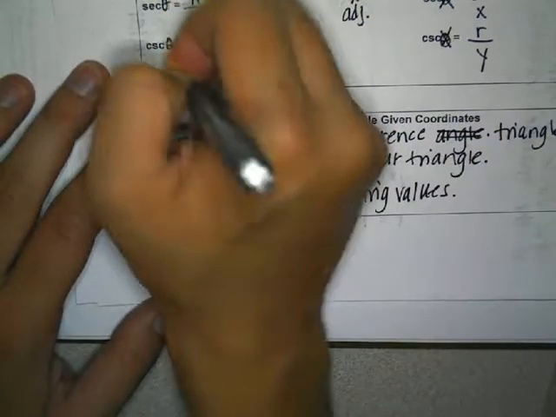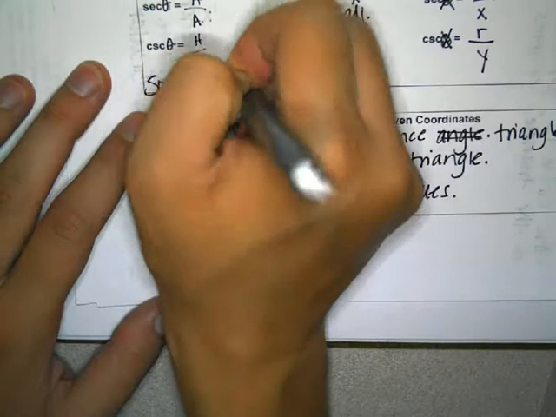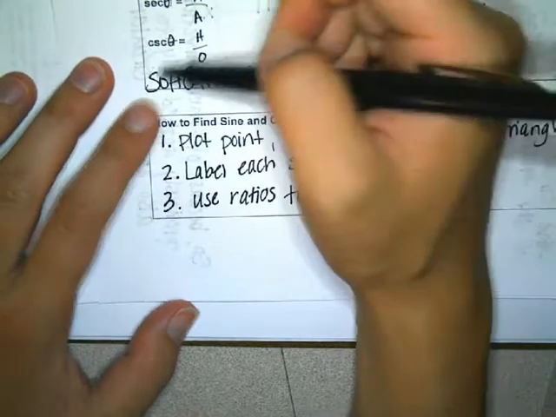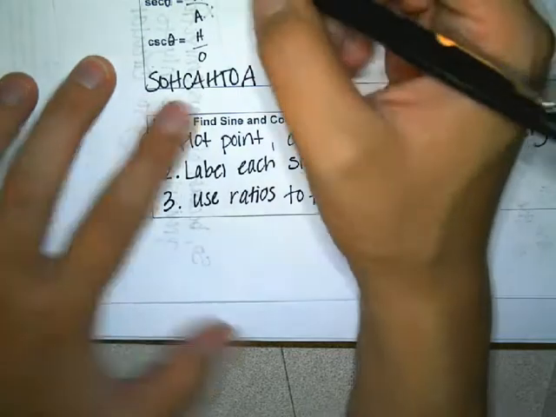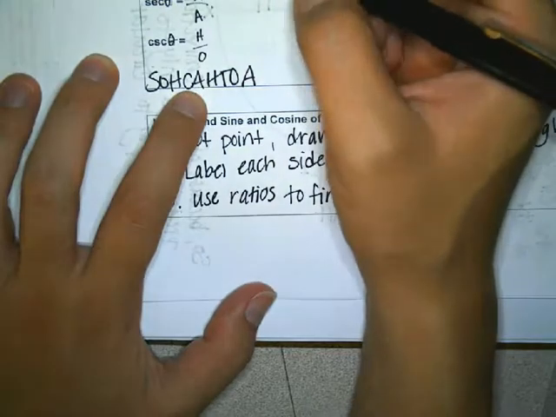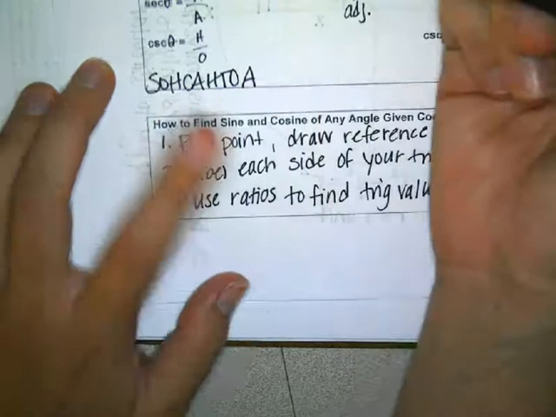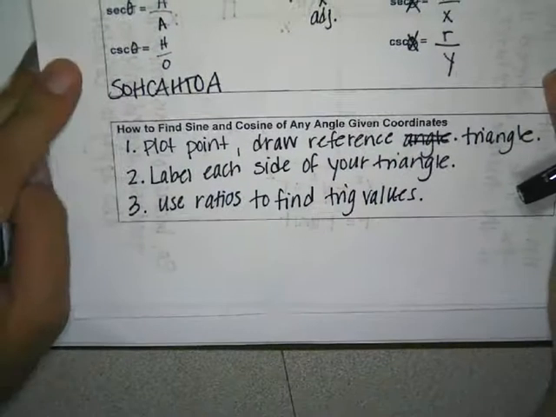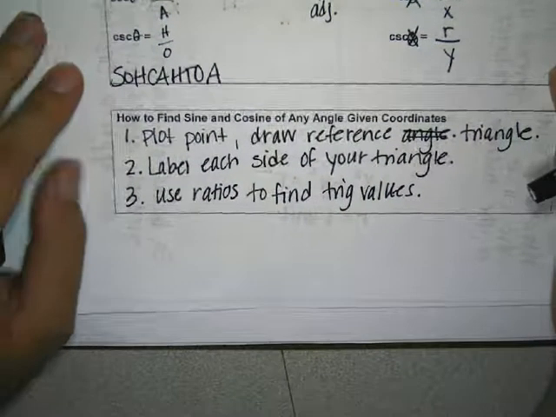If you've ever heard of SOHCAHTOA, that's how we remember what goes with what. So like sine is opposite over hypotenuse. Cosine is adjacent over hypotenuse. Tangent is opposite over adjacent. So that's a little phrase there to at least help you if you're not quite sure quite yet what the order is. Okay, we're going to do an example together here.